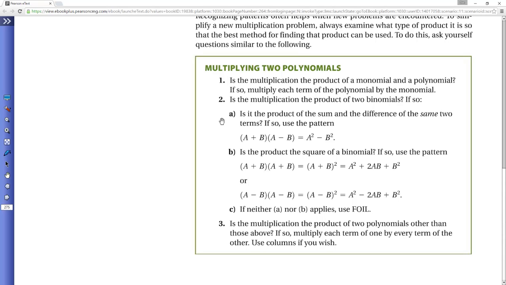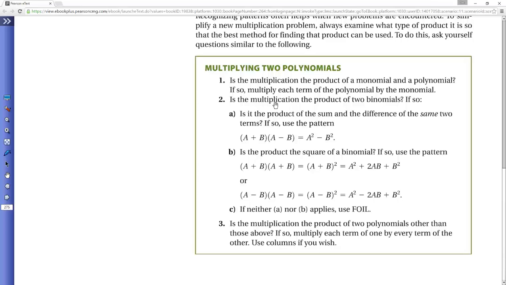Now, I should look for these first. This is really strategy. These aren't new laws or anything. None of this is really new. It's all using the distributive property and pointing out that there's some patterns that can be used to make this easier to do. And again, when we get to factoring, it's going to be very necessary to understand this.